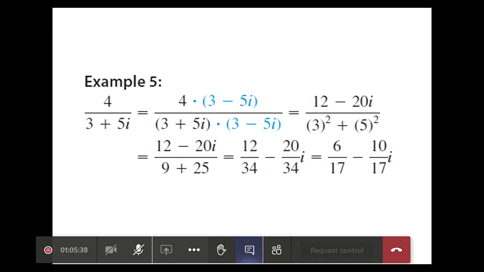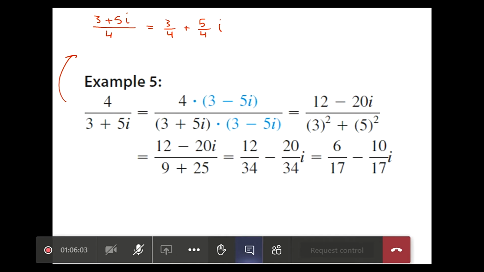For example, if we have 3 plus 5i over 4, there is no need to multiply by the conjugate. This is direct. No need. This is 3 over 4 plus 5 over 4i. This is the answer.